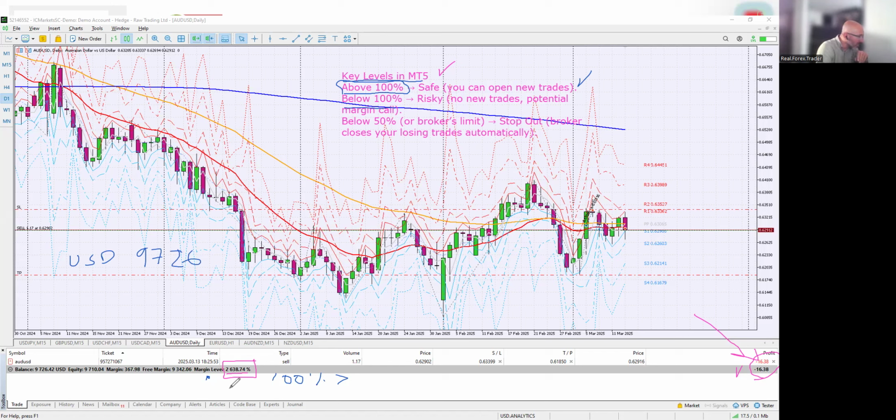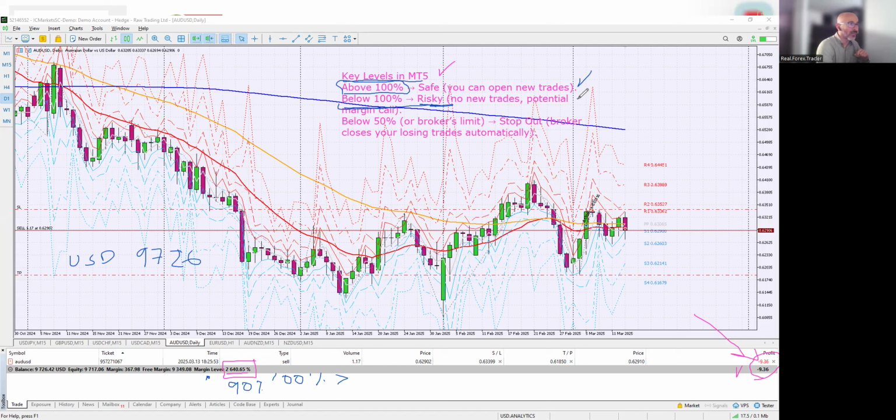Say, for example, this number is 90%, not 2,638%. It means that your account is at risk, okay? So no new trades, because you are at risk that your broker generates a margin call, right?